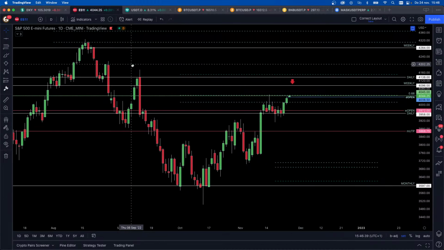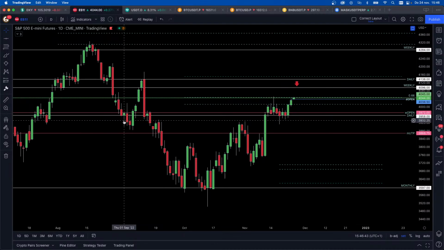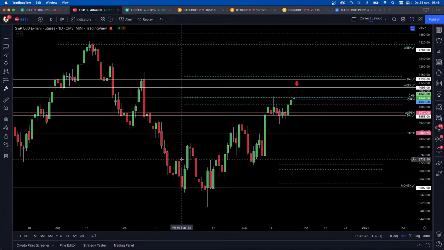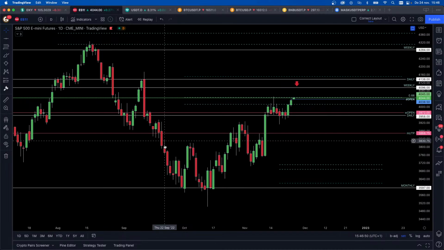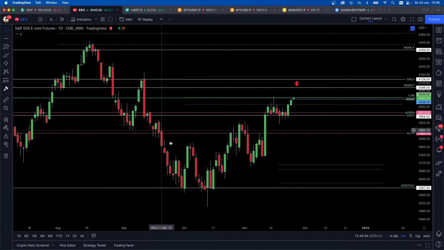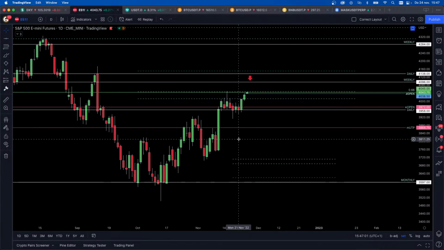For example, here we have consolidation, it breaks down, price comes back into this consolidation and it breaks down even lower. What happens over here? We have consolidation, breaks down, price comes back into this consolidation, breaks lower. So you can trade these as scalps as well, or just short-term trades.